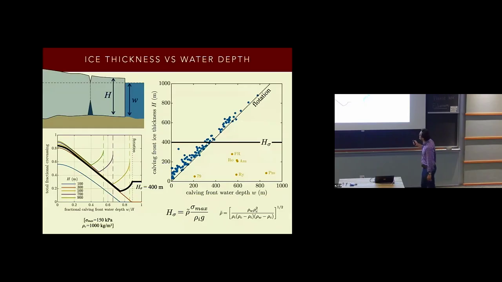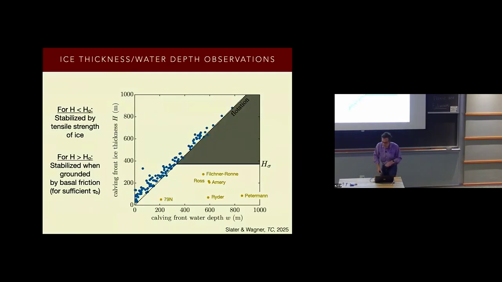And what's quite nice is that this fits with existing unconfined open ocean ice shelves pretty well. Now, finally, above H sigma, you want to invoke some basal friction.